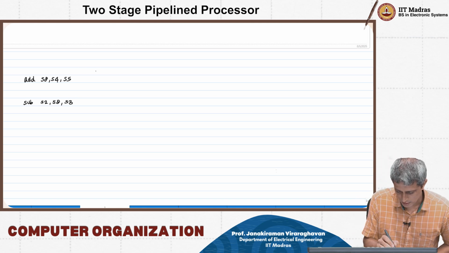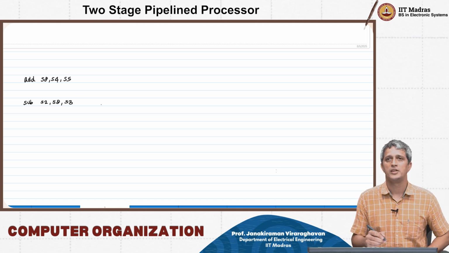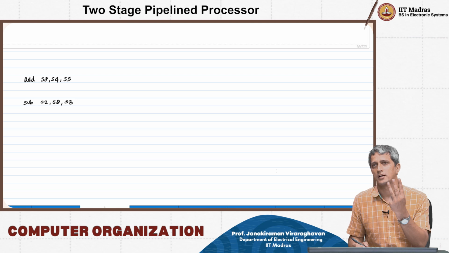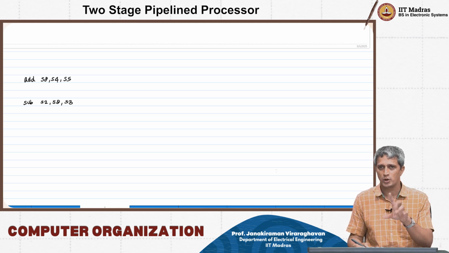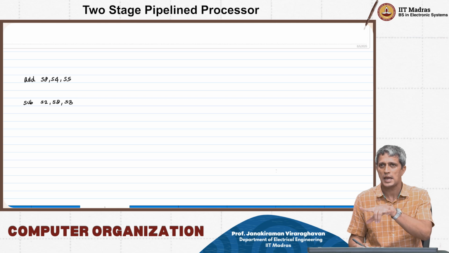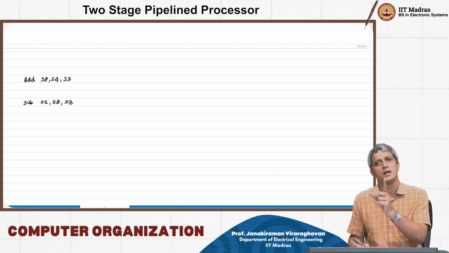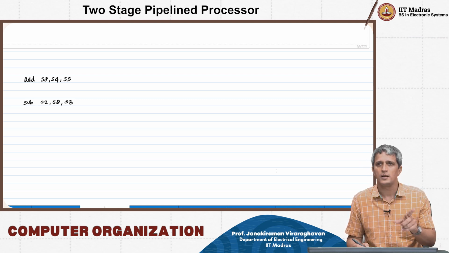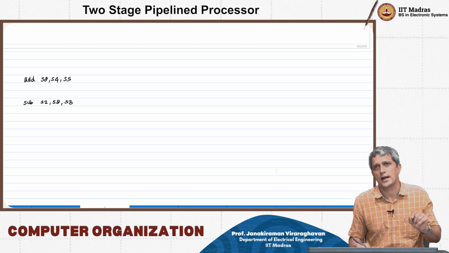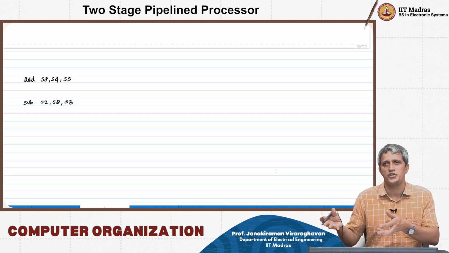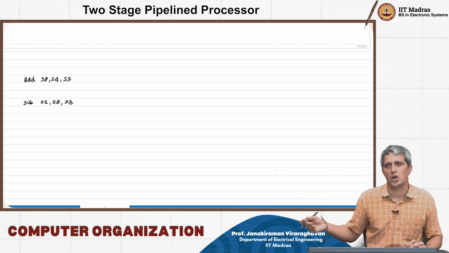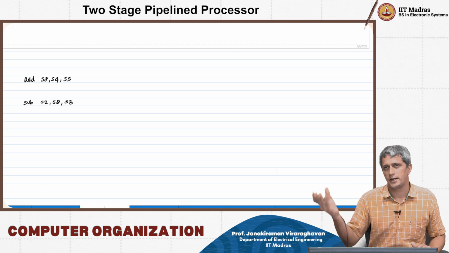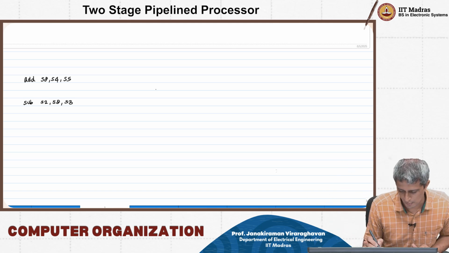So the way this is going to happen is this will take 3 clock cycles now to finish the execution of these 2 instructions. Why? Because it will take 2 clock cycles for the add instruction to happen, but in the second clock cycle the fetch and decode of the subtract would have been initiated, and then one more clock cycle the execute, data memory, write back will basically happen, right?